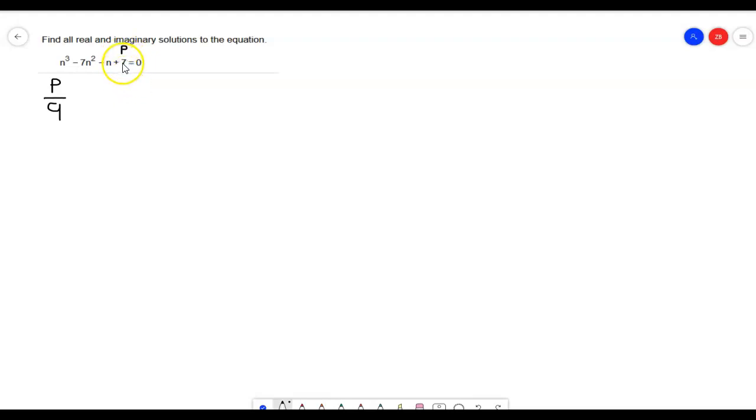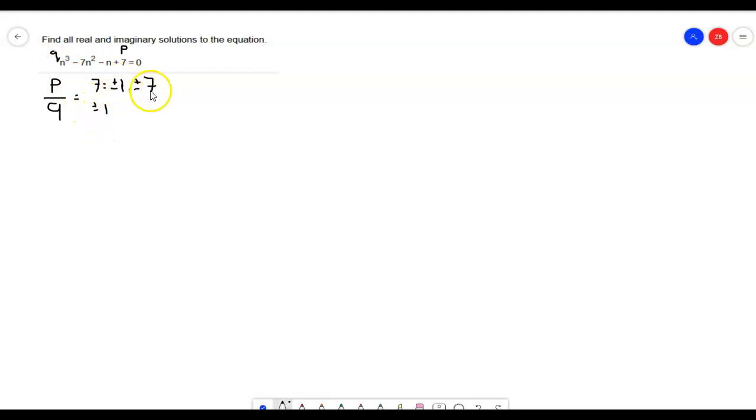All the factors of the constant is our P, and all the factors of the coefficient of our highest exponent term, so that would be 1 here, because that's the constant in front of the n, would be our Q. So here we're looking at all the factors of 7, which is just plus or minus 1, and plus or minus 7. These are all the numbers that go into 7, all over all the factors of 1. So that's just going to be plus or minus 1.